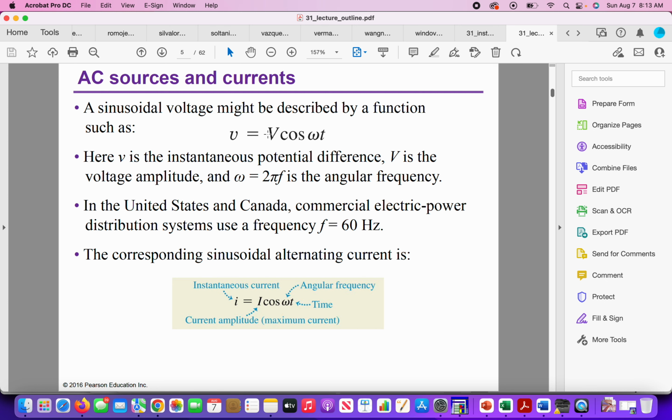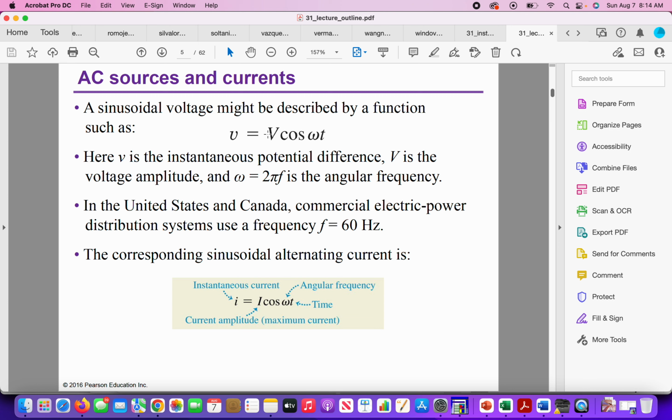Omega, of course, is the angular frequency, measured in radians per second, and equals 2 pi times the frequency, or 2 pi over the period. In the United States and Canada, commercial electric power distribution systems usually use a frequency of 60 hertz. So all your appliances and the things in homes and schools and everywhere use 60 hertz.